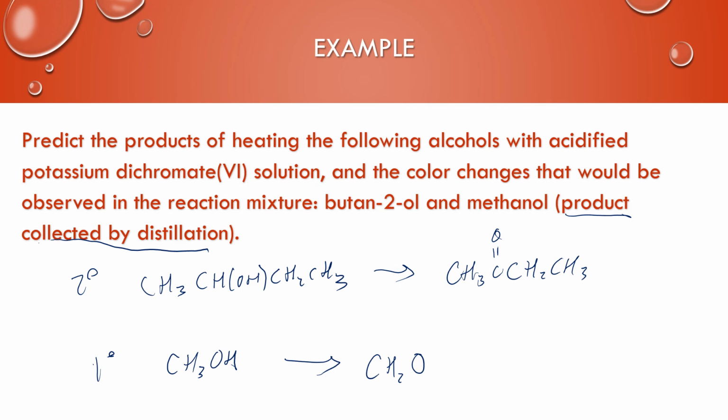And since both of those reactions did happen, you will see a color change from that, like orange-yellow from the potassium dichromate solution into a green product. So you'll see it green, and that green is indicating that there was a reaction happening.